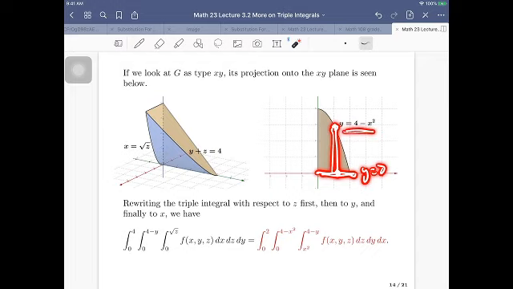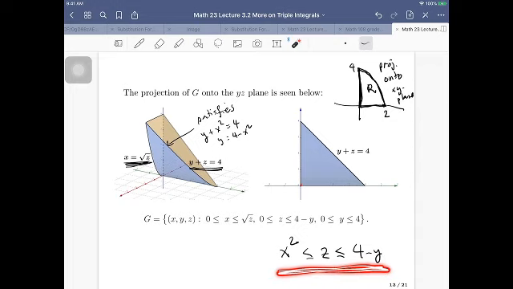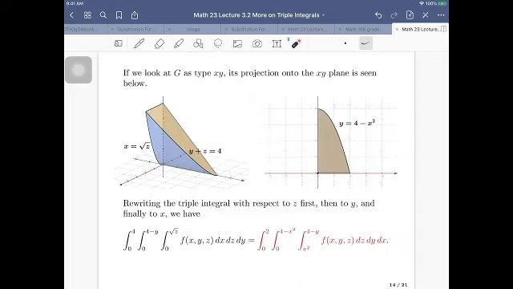The top function is y equals 4 minus x squared, and these are the limits of integration of the second integral, and x ranges from 0 to 2. And then I said before that the limits of integration of z are x squared and 4 minus y. So you can see it from here. After plugging in those limits of integration, we found our answer. Okay.